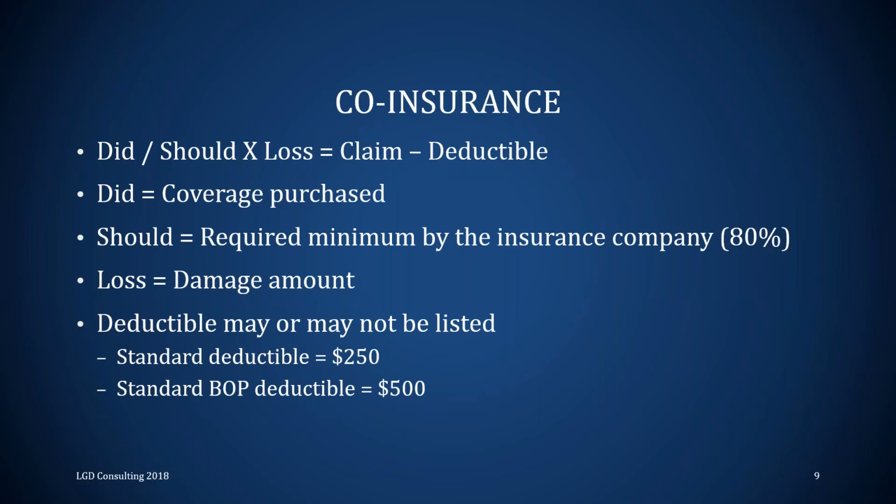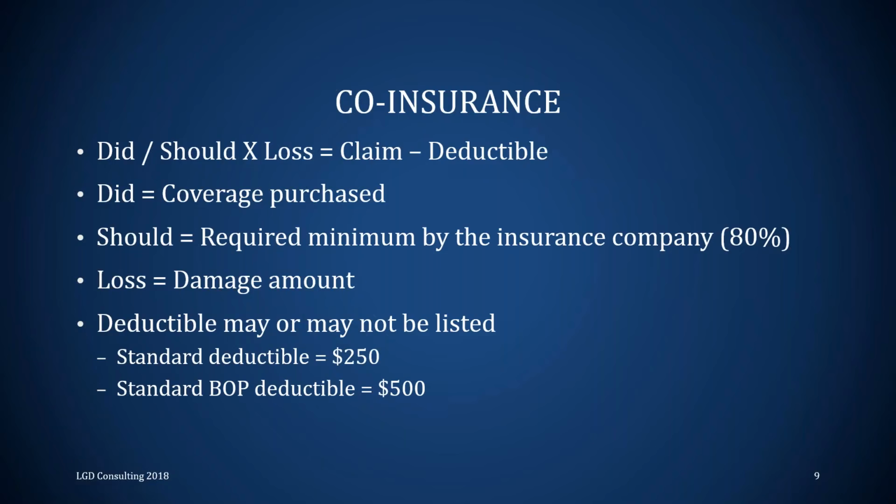Most companies require you to carry at least 80% of coverage to the value of the building. So the bottom number of that fraction typically should be 80% of the value of the building. If you put the value of the building as the bottom number of that fraction, you're going to come up with the wrong answer. So what you did have divided by what you should have carried, times the loss, minus any possible deductible.